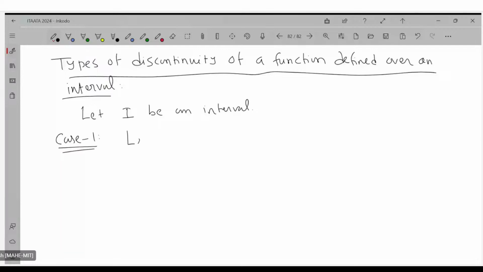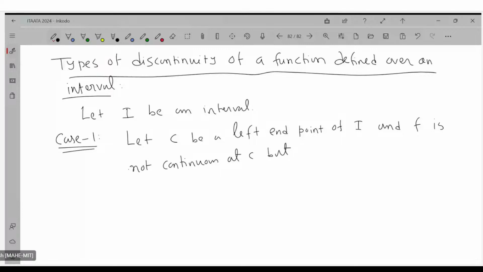Let C be a left endpoint of I, and f is not continuous at C, but f is continuous on an open interval (C, D) such that this open interval (C, D) is contained inside I. Okay.